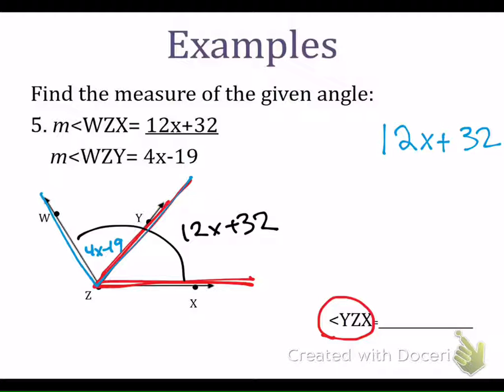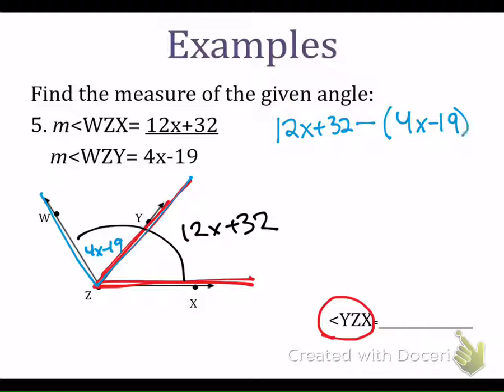And I'm going to write it just like an old school subtraction problem. Actually, I'm not, because I want to show you something. Sorry, I lied. So I'm going to do 12x plus 32. When you're subtracting an expression, make sure you put the expression in parentheses first so that you remember to subtract each of the terms. You are subtracting 4x.